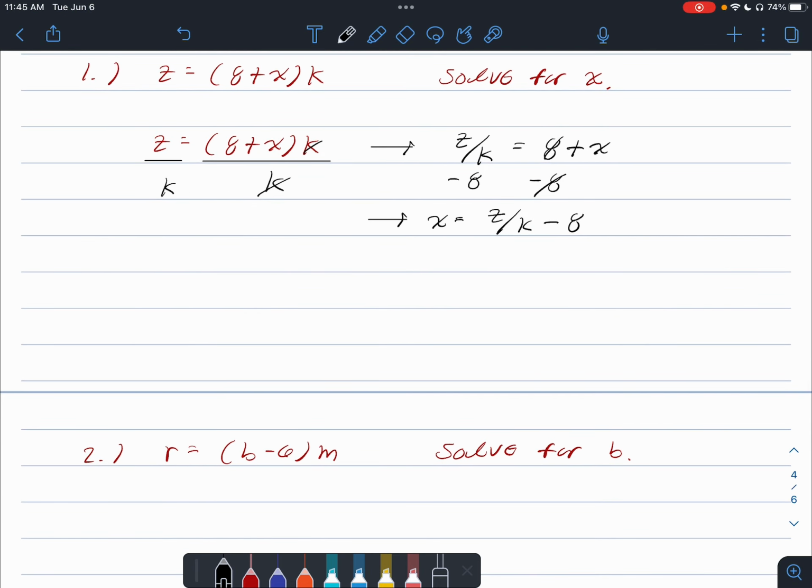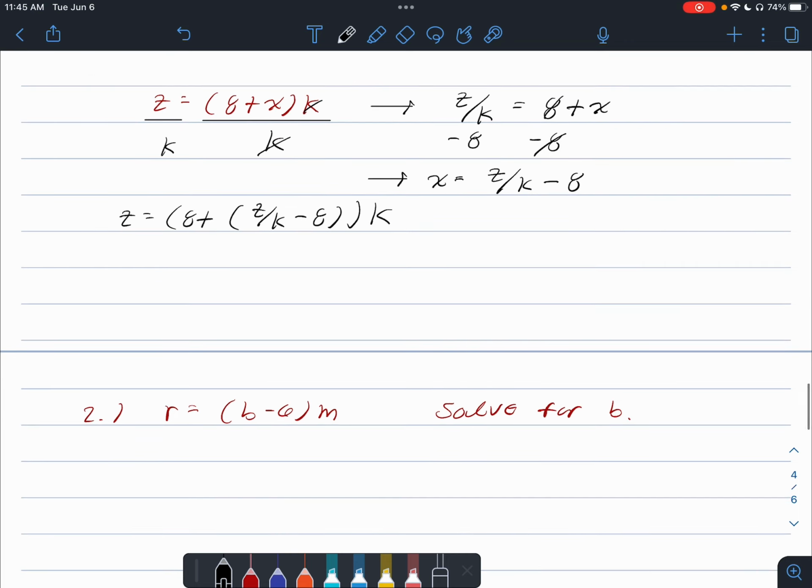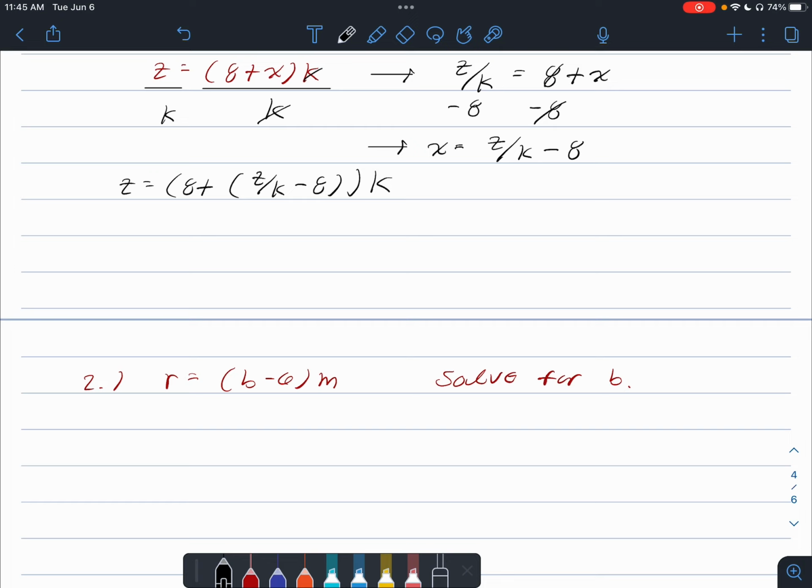So in this situation, we have z is equal to 8 plus z over k minus 8 times k. We can actually get rid of these parentheses since we are just adding. So this will become 8 plus z over k minus 8 times k.